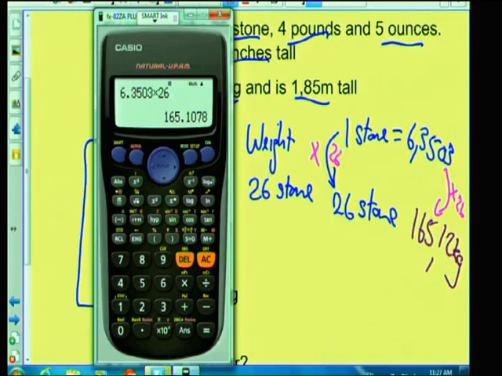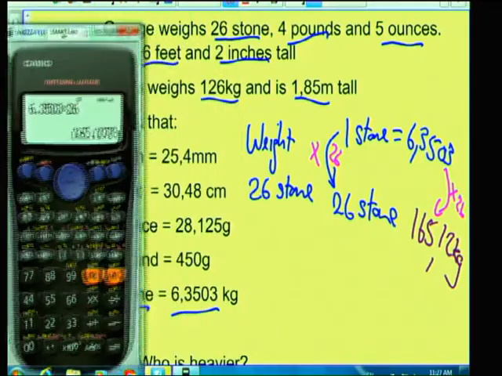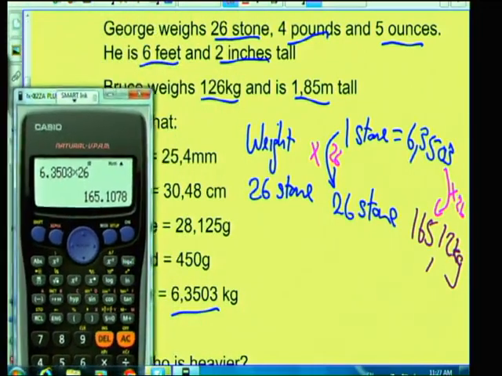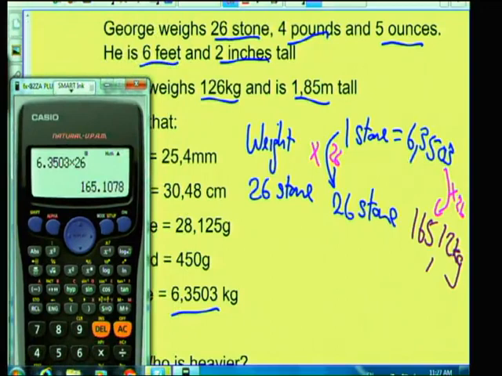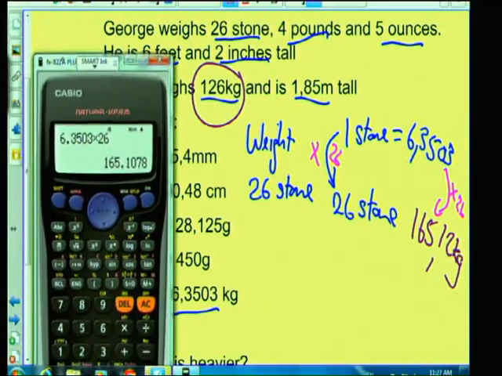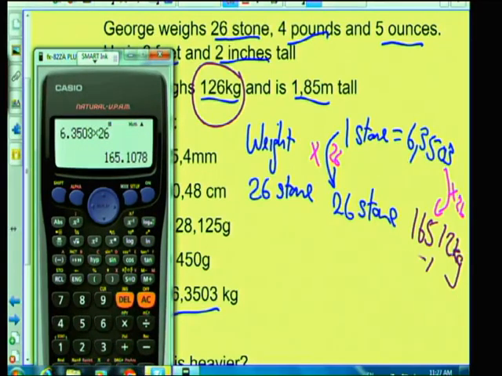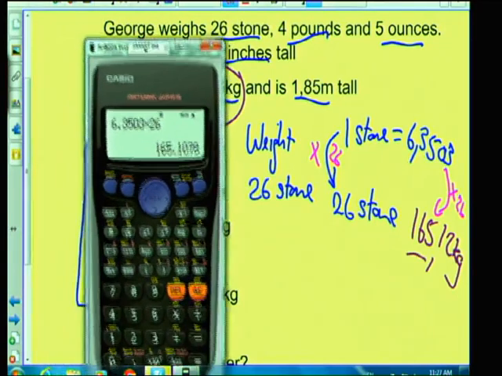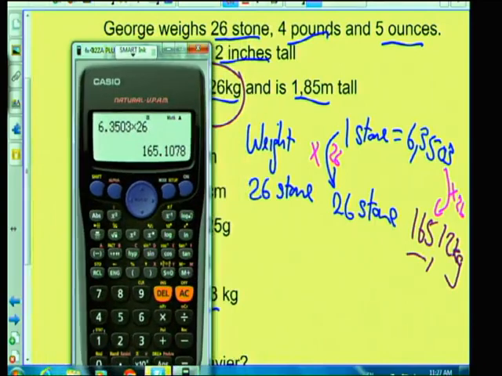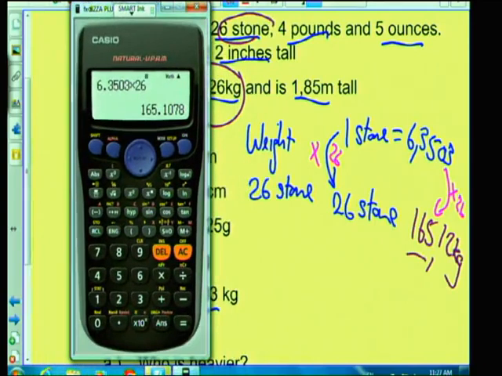Now, I could stop there, because it asks who's heavier, and Bruce is only 126, and this guy's already tipping the scales at 165 just from the conversion of stone. What I'm going to do, though, is add up his total mass in kilograms so you can see how to do this calculation.